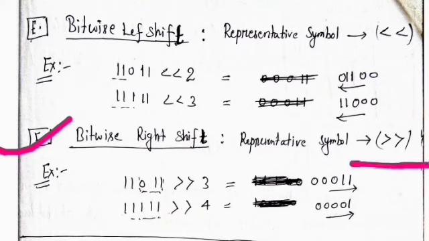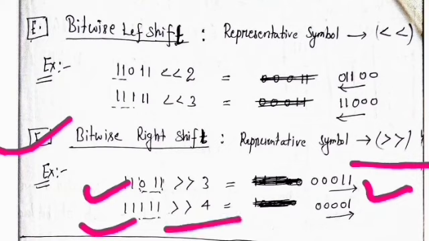So when we shift to the right in 3 places, we get here 0 0 0 1 1. And if 5 times 1 is shifted 4 places, 4 right shifts, then we get here 4 times 0 1.